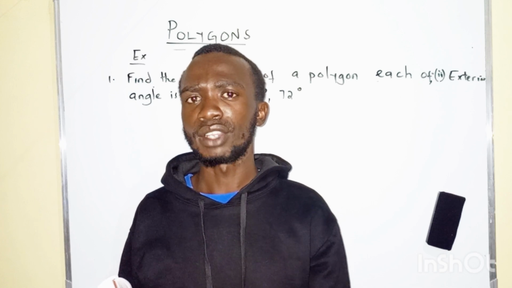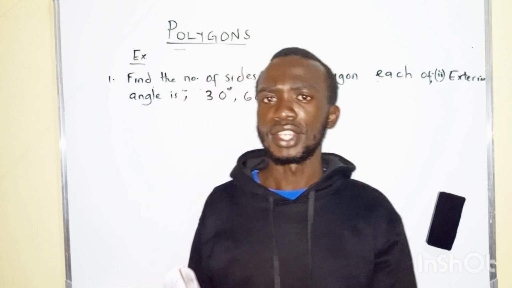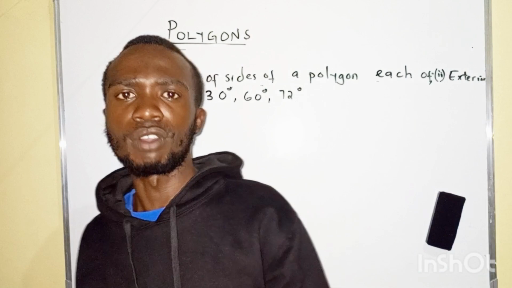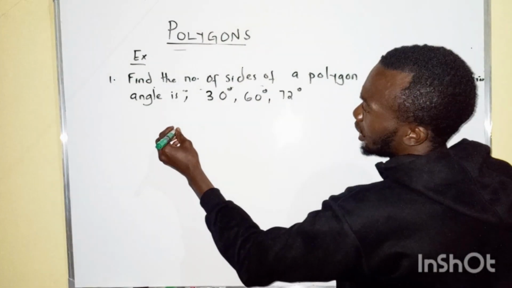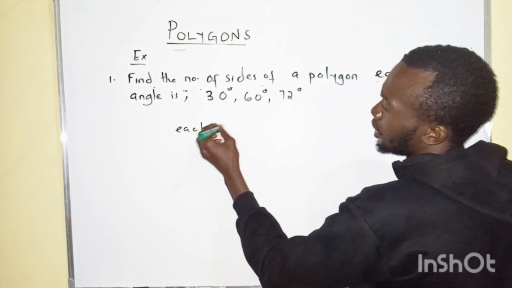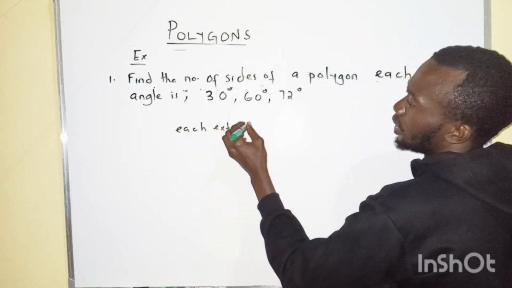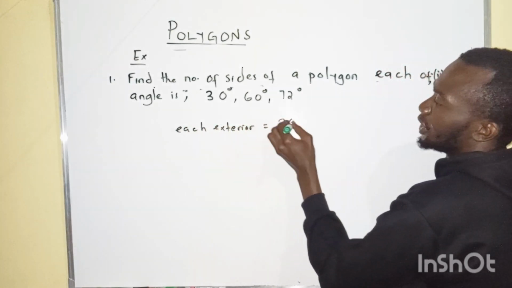After finding the exterior angles, you can apply the formula: each exterior angle is equal to 360 degrees over n.